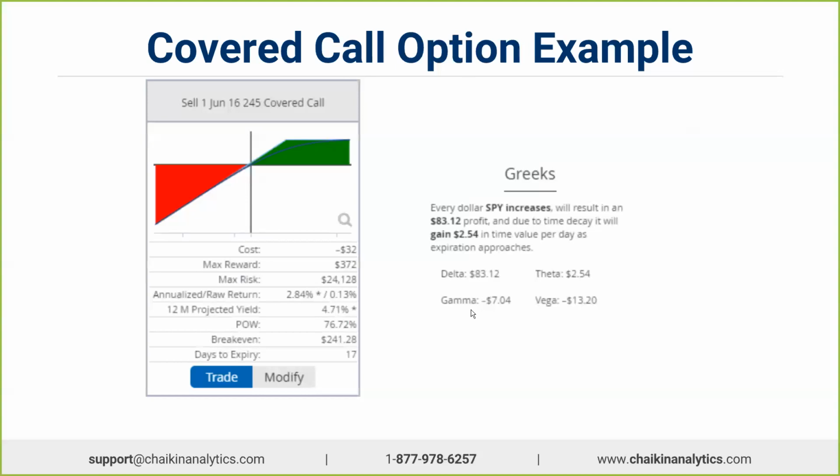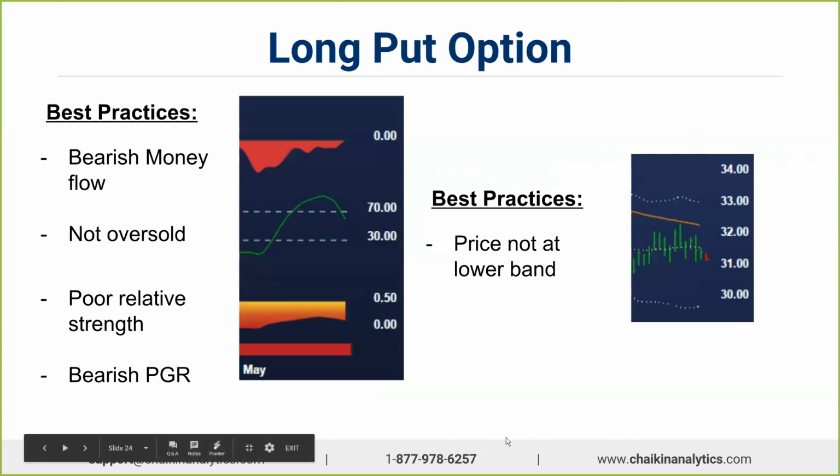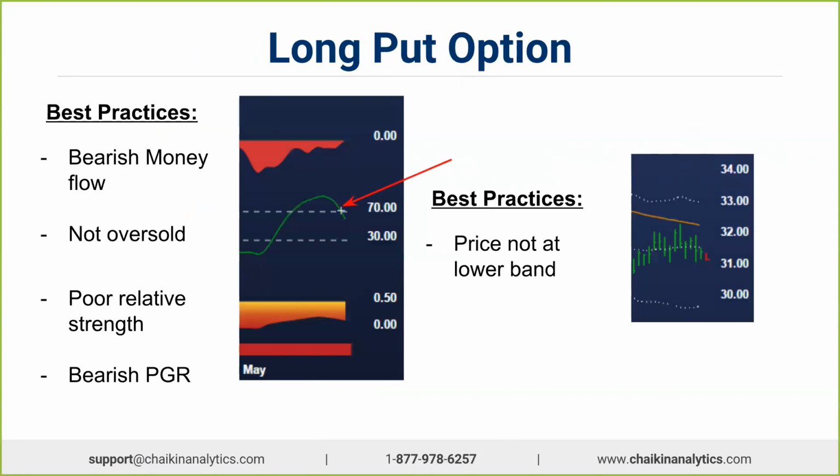In a long put, in this sort of scenario, my personal entries are when we are overbought to some extent. It doesn't matter where, it could be anywhere along there, overbought and above the middle line.